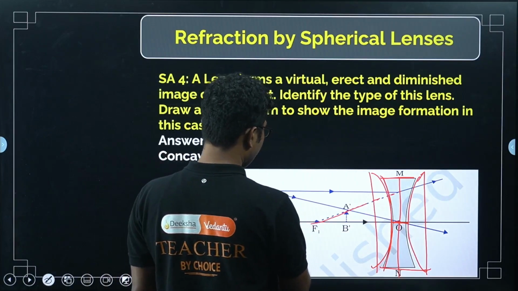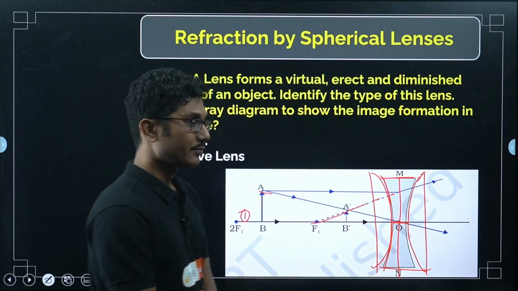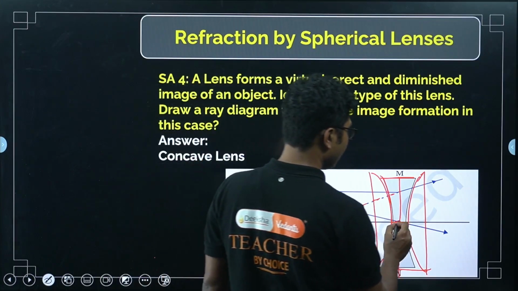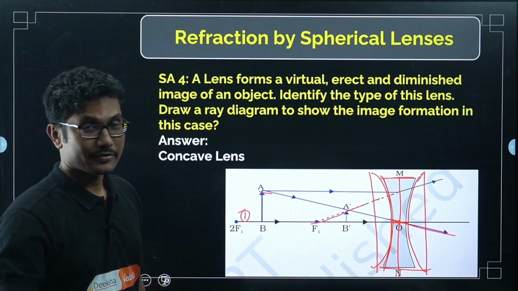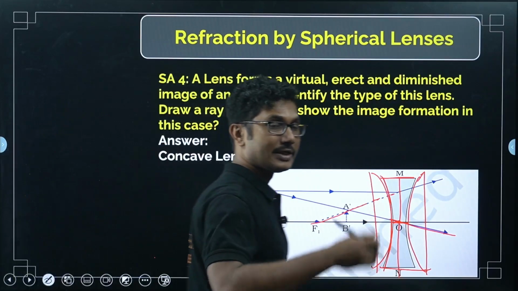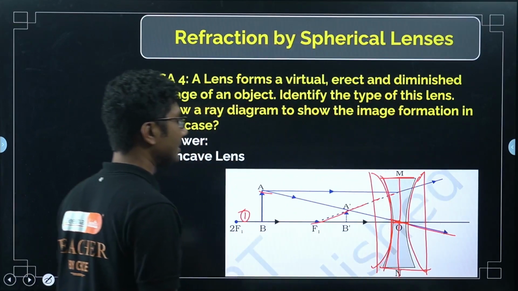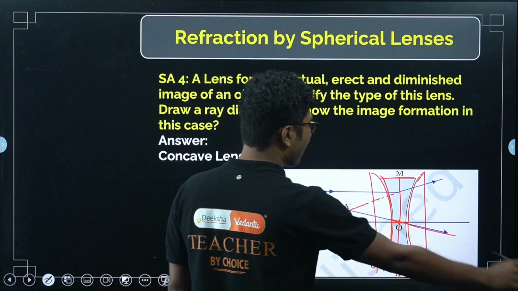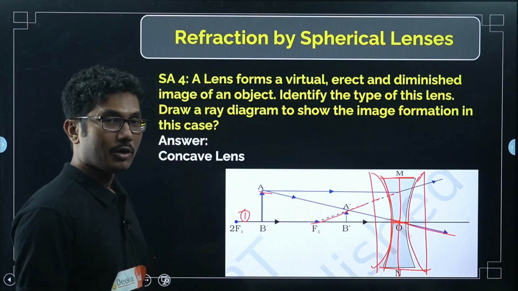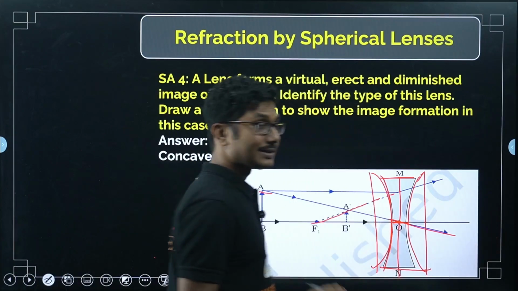Then you take another line which passes through the optical center of the lens, and it will pass undeviated, similar to what you used in the case of the center of curvature. Remember, at the center of curvature the ray does not deviate, it goes in that direction and comes back in the same direction. In this case we will use the optical center. Any ray passing through the optical center will always pass undeviated.